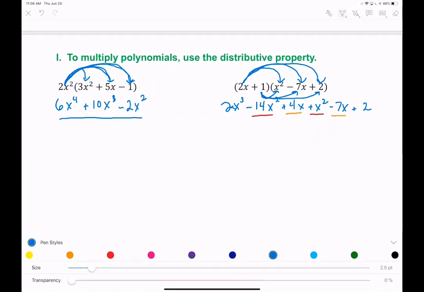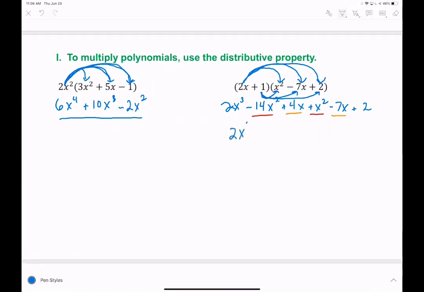So we'll bring down our 2x cubed, and combine negative 14x squared and the x squared. Negative 14 plus, this is an understood 1, is going to be negative 13x squared. And we combine the 4x and the negative 7x to get a negative 3x. Then we bring down our plus 2.